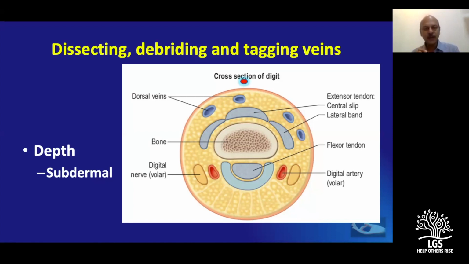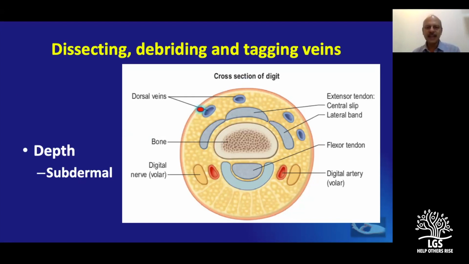So what we need to identify first, before we start working on the amputated part, is the drop of blood still remaining in the veins. That is a clue to identifying the veins. To identify it, you can make an incision either subdermal. Supposing you make the incision in the subdermal, it goes like that. You see that?